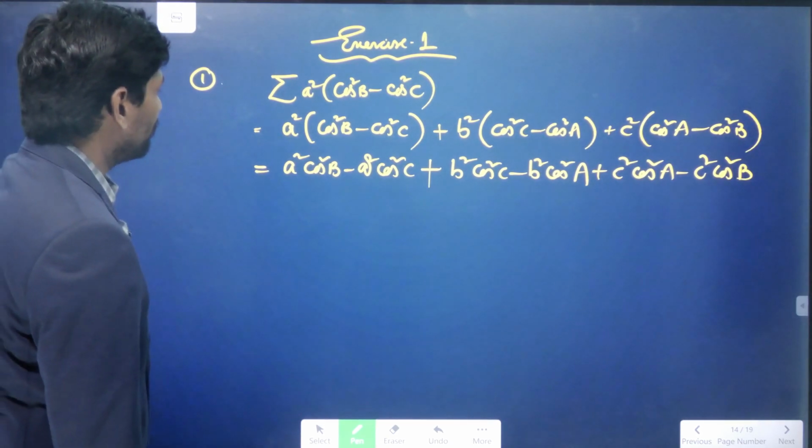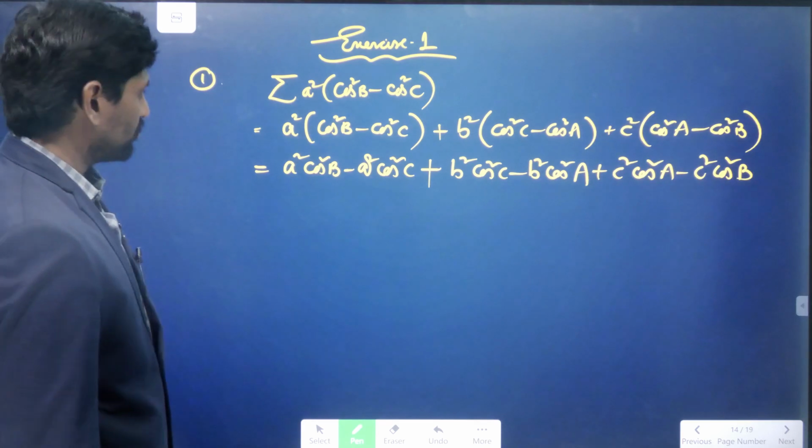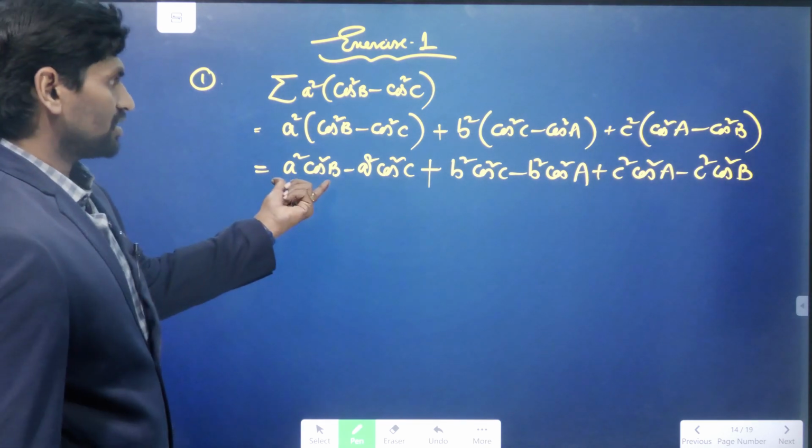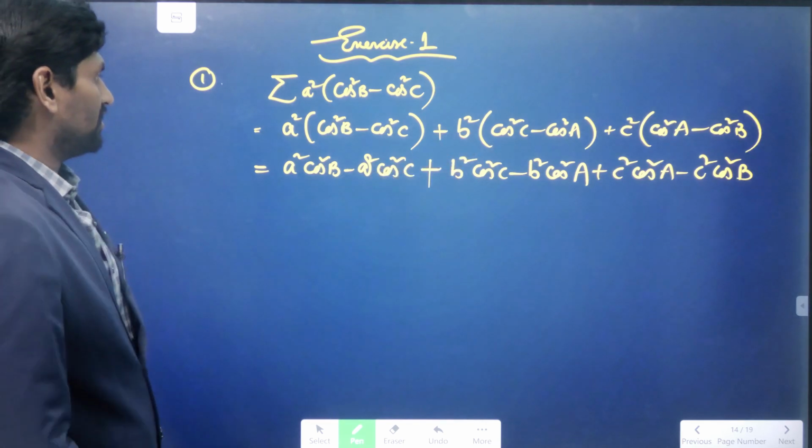Now I am going to write the cos B terms together. Where is cos B? A square cos square B, and C square cos square B is there.